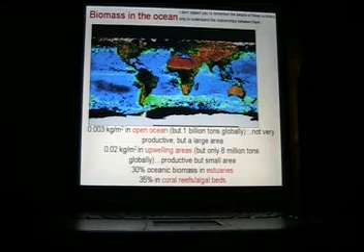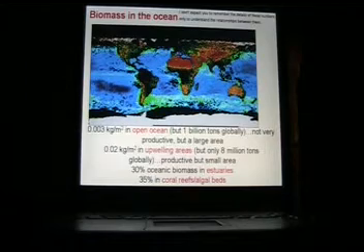Biomass in the ocean. So again, not the details, but the relationships between these numbers. So in the open ocean, 0.003 kilograms for every meter squared of water, which represents a few billion tons globally. So it's not very productive, but there's a huge area of open ocean.